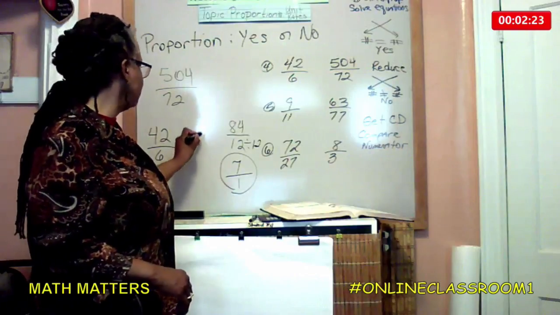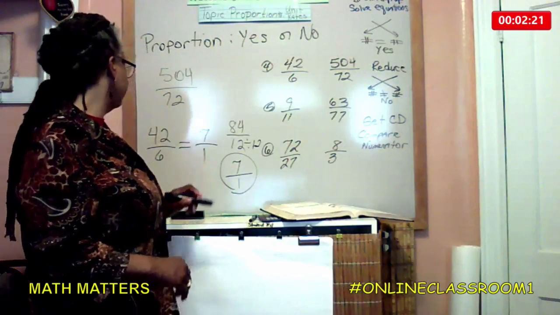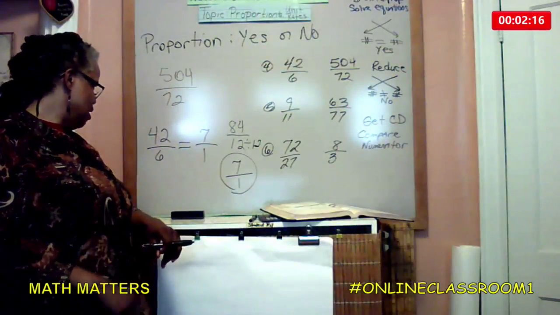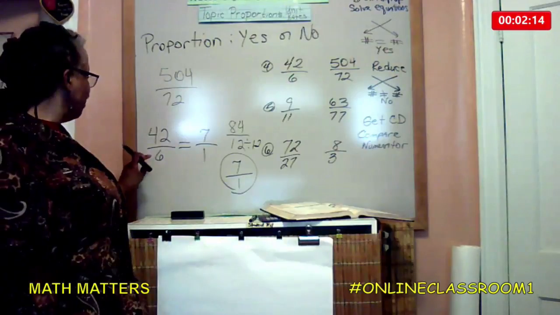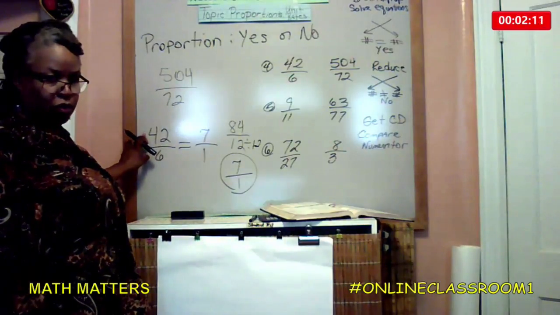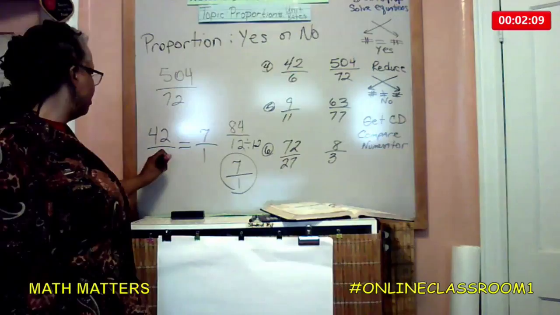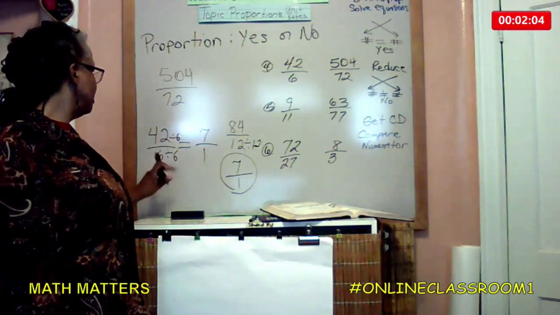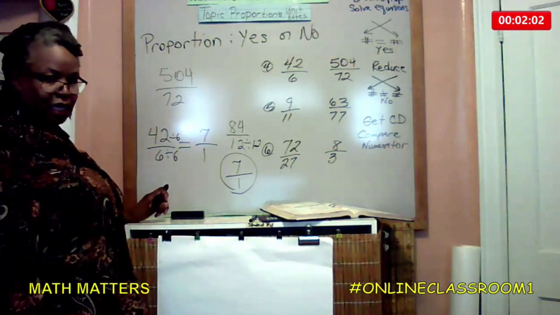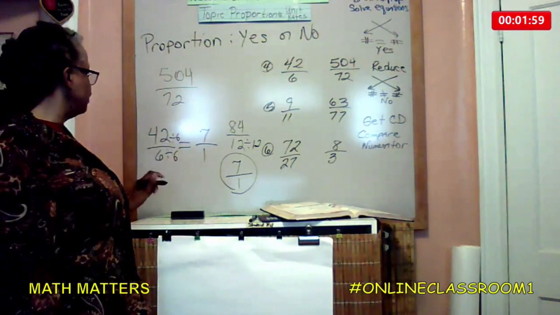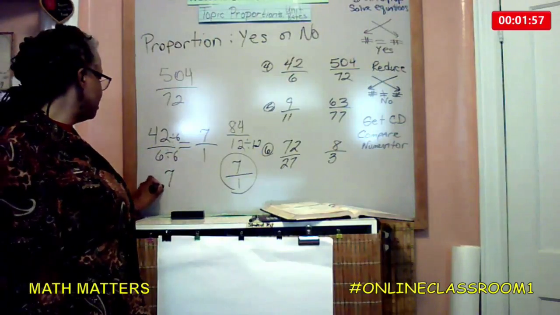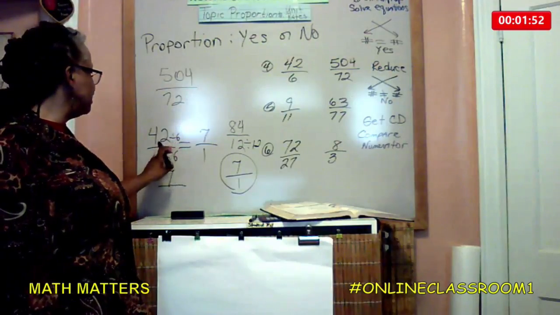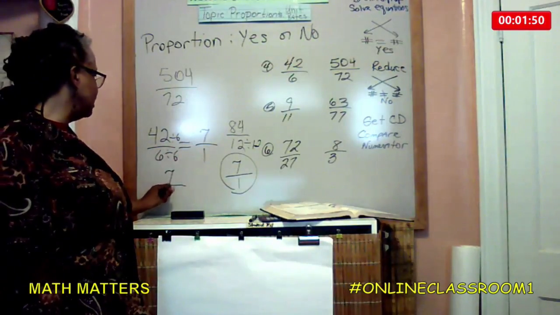Is that equivalent to 7 over 1? If I divide out the 6 in the numerator and the denominator, 42 divided by 6 is equal to 7, and 6 divided by 6 is equal to 1.